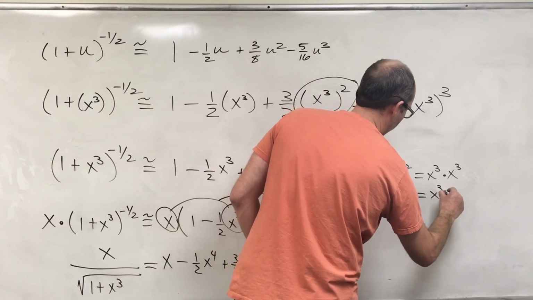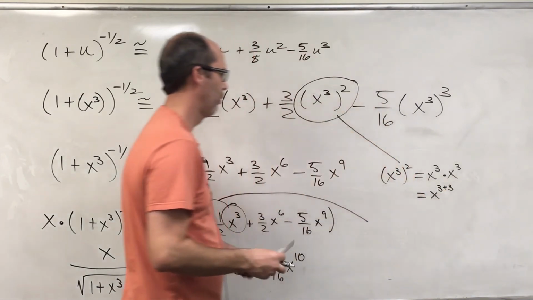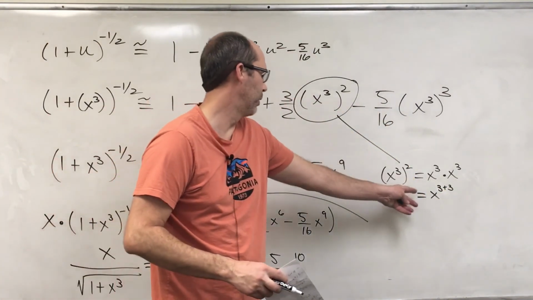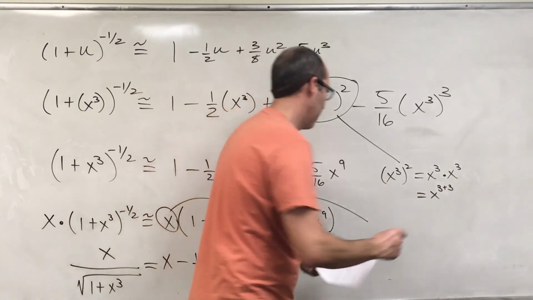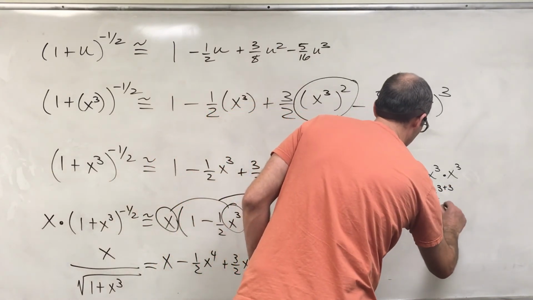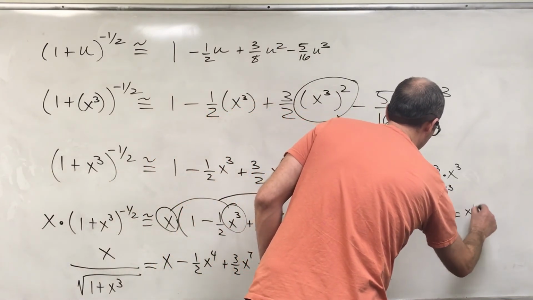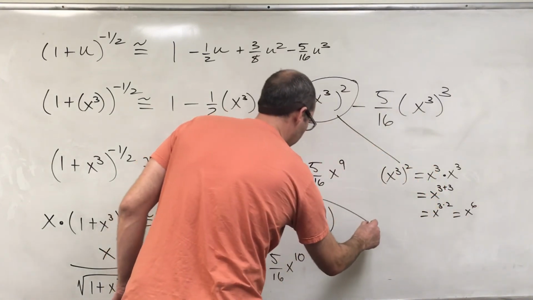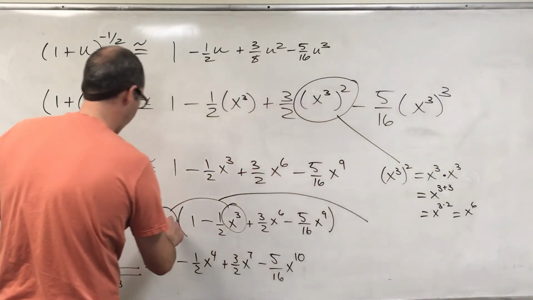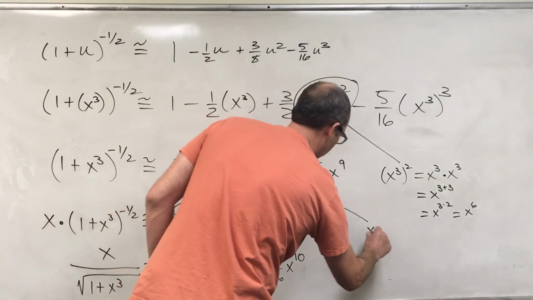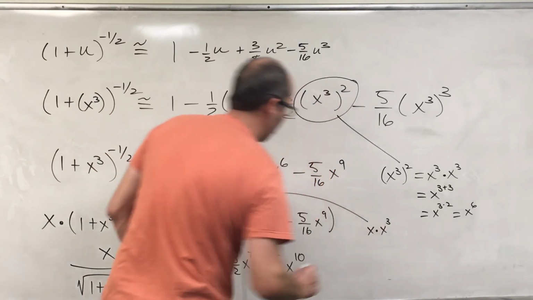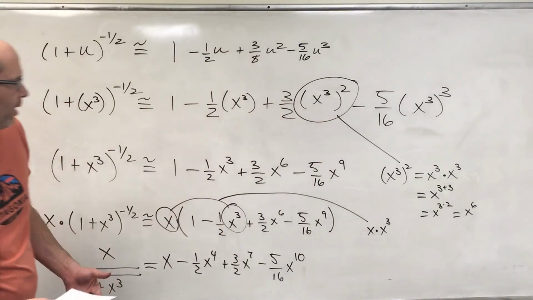Notice this is 3 plus 3. 3 times 2 is 3 added to itself 2 times, so this is exactly x to the 3 times 2, x to the 6th there. Whereas here, what did we have? We had x times x cubed. There we want to add the exponents, right?